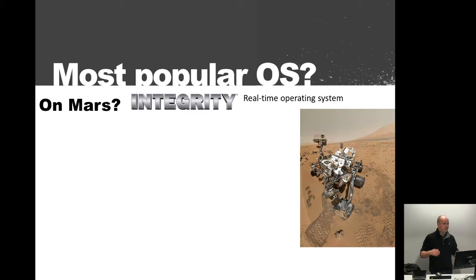So that if there are several users, everybody feels that they have their fair share of the system. Where we are on Mars is not about being comfortable and being fair, it's about survival sometimes. Okay? So let's forget about fairness and comfort, and let's survive first. So you need a completely different type of operating system.